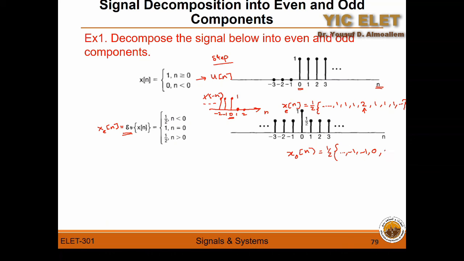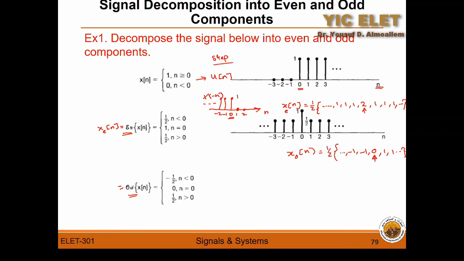And then it will be equal to 1, plus 1s all the way. And here is the point of n equal to 0. If we multiply this by half, we will get minus half from this side and plus half from this side and 0 at the 0 point, which is shown here.